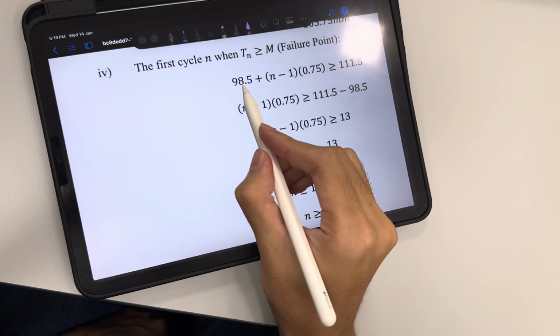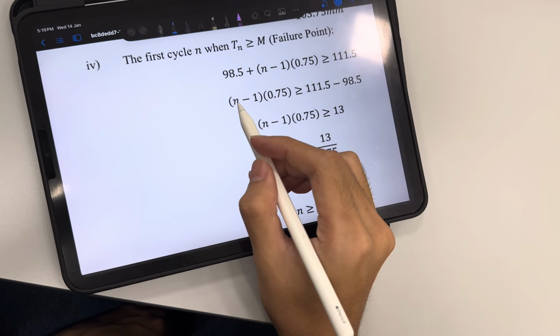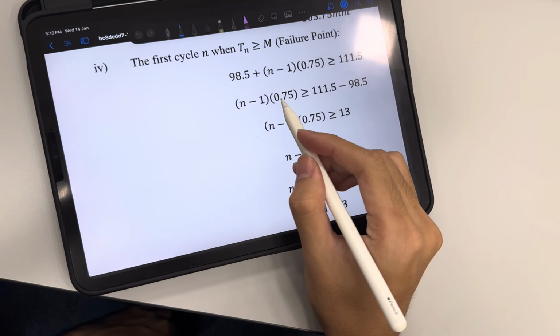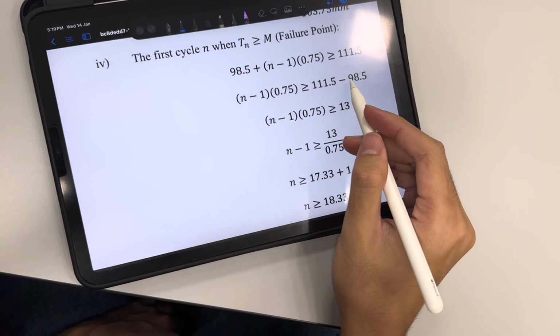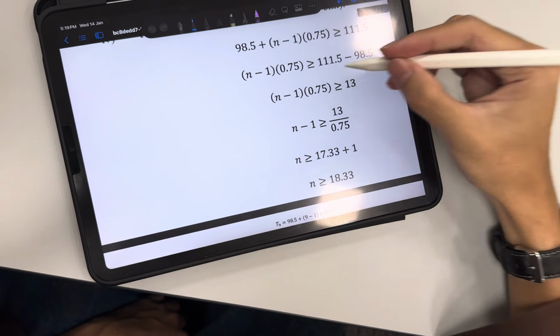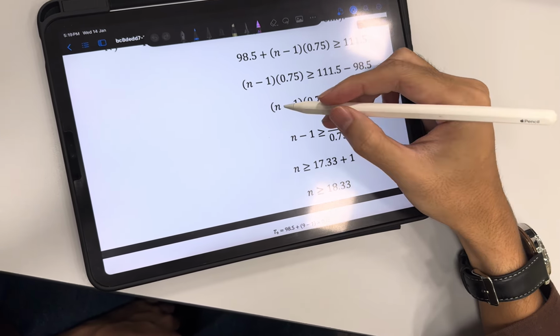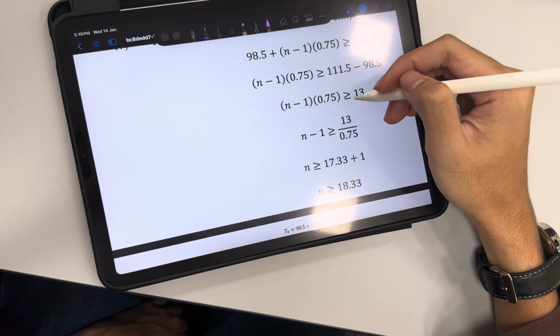So 98.5 we transfer to the right side, so it will be (n minus 1) times 0.75 greater than or equal to 111.5 minus 98.5. So it will be (n minus 1) times 0.75 greater than 13.